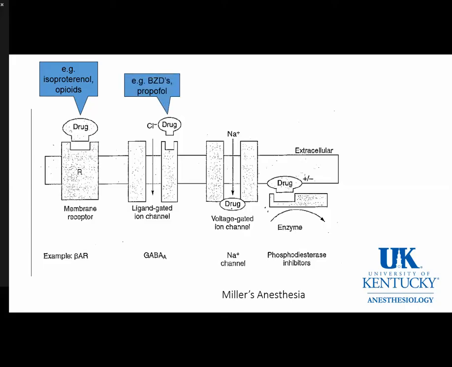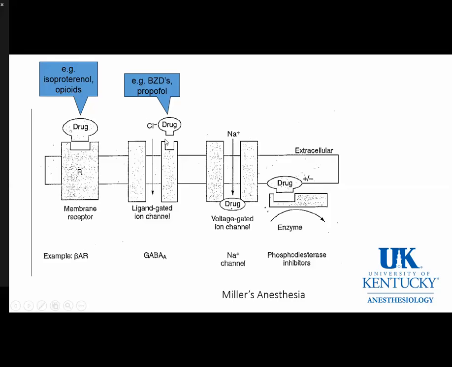A classic receptor protein plus an ion channel results in this ligand-gated ion channel configuration. And this gives rise to an ability of certain drugs to alter membrane permeability to ions directly by combining to the ligand in the membrane.